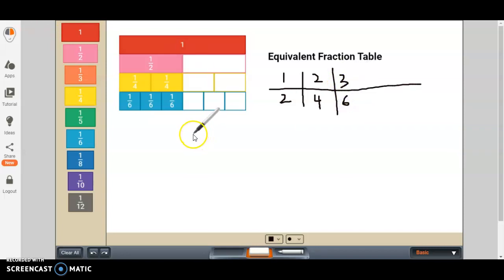So my next step then would be to take this 1/2 and split it into 4 pieces, right? I would need one more piece than 3, which would mean overall I would need to get one more piece here and one more piece here. So I would get 1, 2, 3, 4, right? But I would need to get another one here.